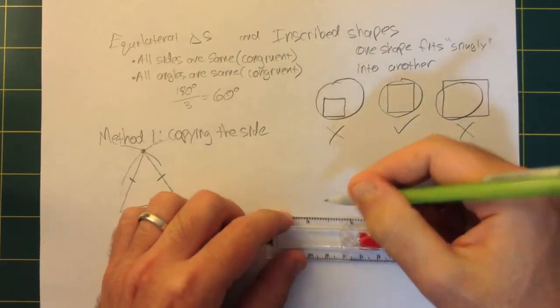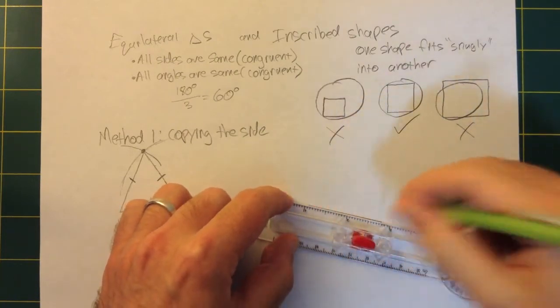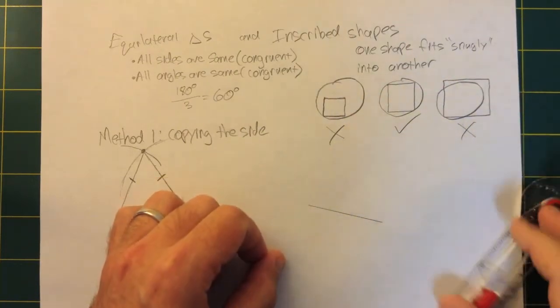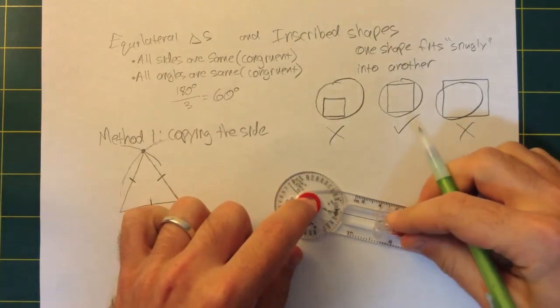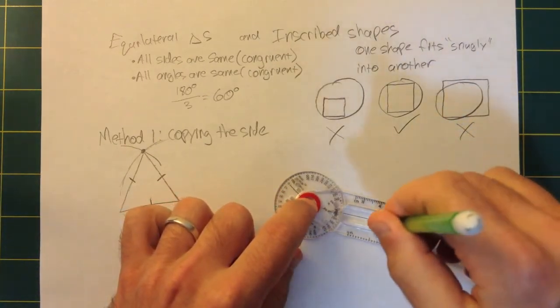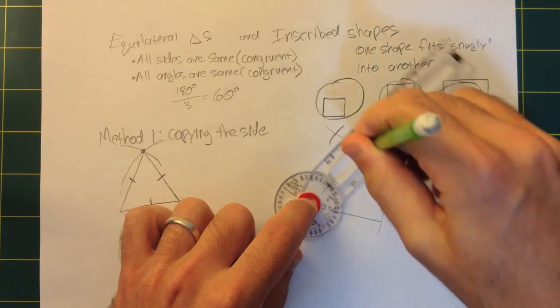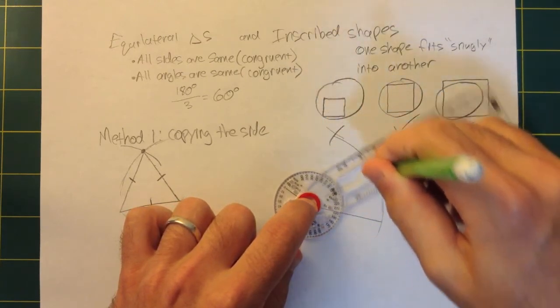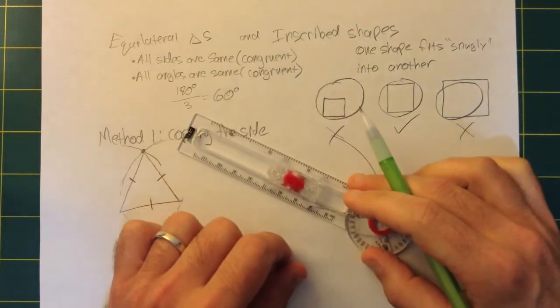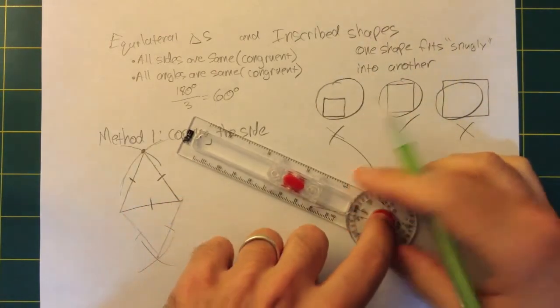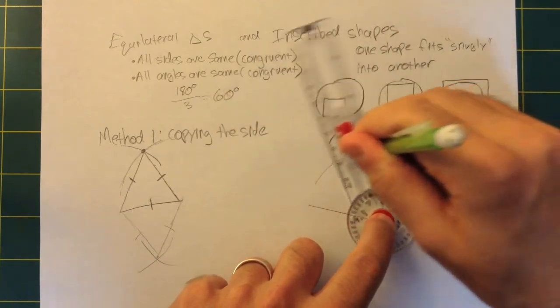So let's see. Here is the side that I want to use for all of the other sides. So I'm going to measure it. Swing up, because I'll put the triangle above, flip to the other side here, pin this, make the same arc.